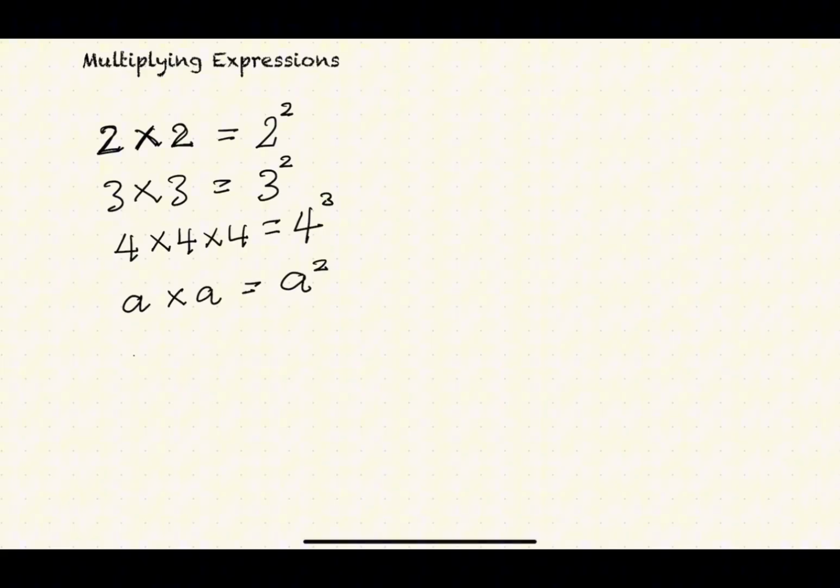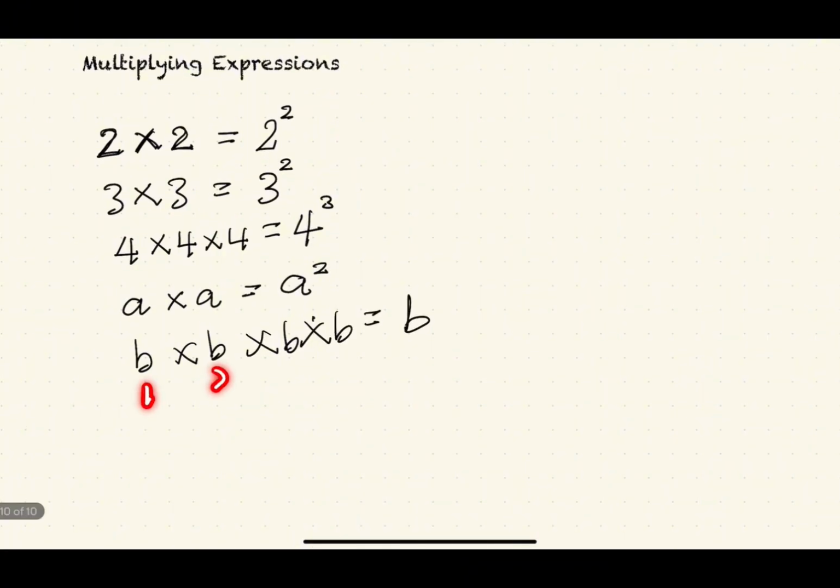Even if you had a b multiplying a b multiplying a b, I don't know how many times, we're just going to say b to the power 1, 2, 3, 4, and to the power 4 there. So the 4 comes there. That's how the powers work, and they make our life, as far as simplifying and multiplying algebraic expressions is concerned, so easy.